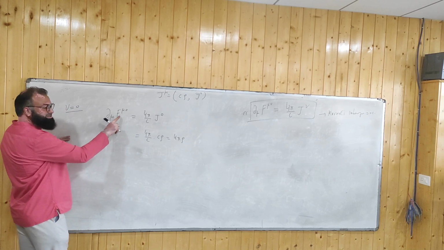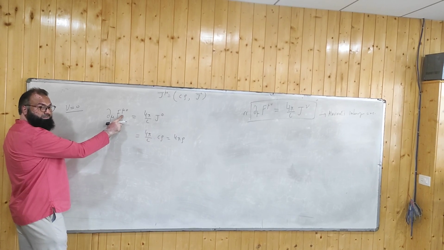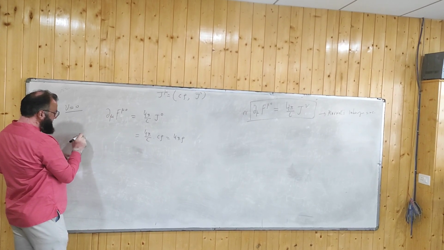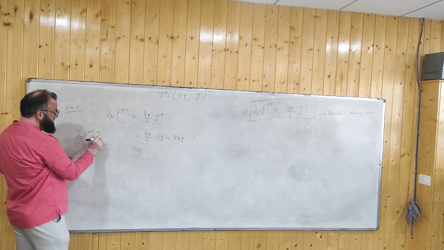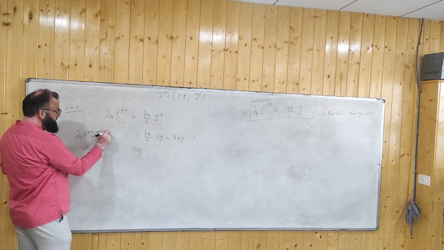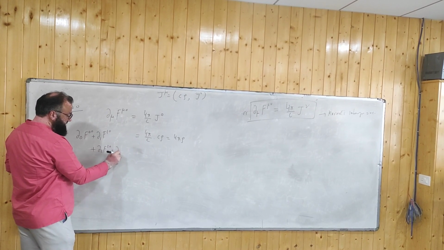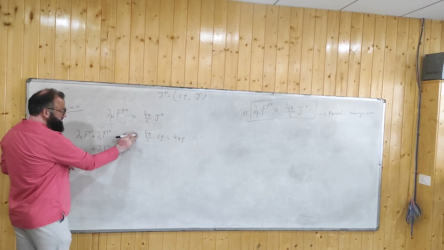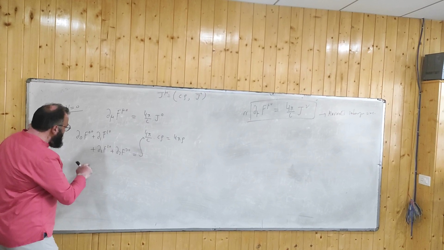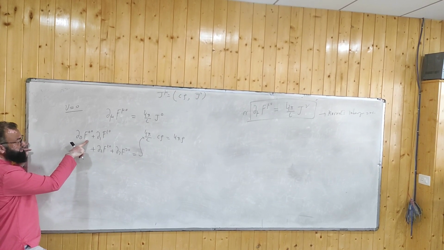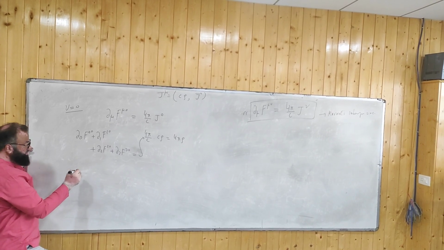Now then, if you see, it's actually the divergence of F, the divergence with respect to μ. Okay, now let's write it. So it is ∂_0 F^{00} plus ∂_1 F^{10} plus ∂_2 F^{20} plus ∂_3 F^{30}, and that is equal to this. So what is F^{00}? It is 0. What is F^{10}? It's E_x.